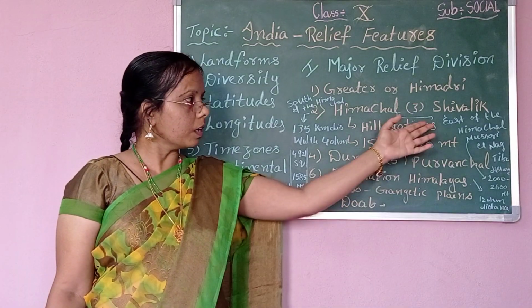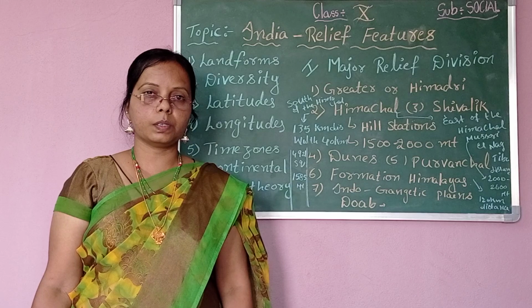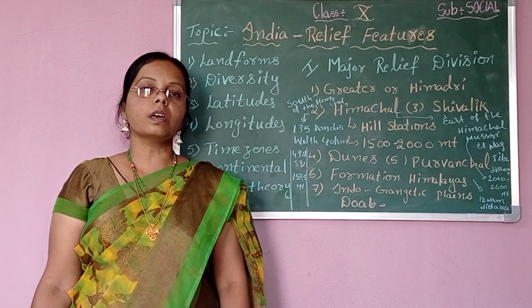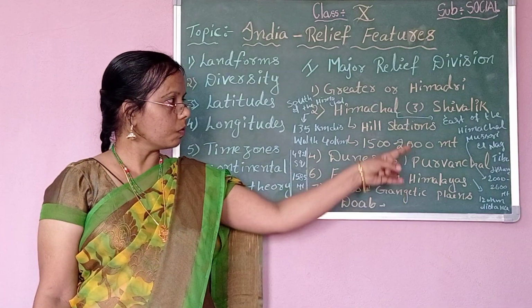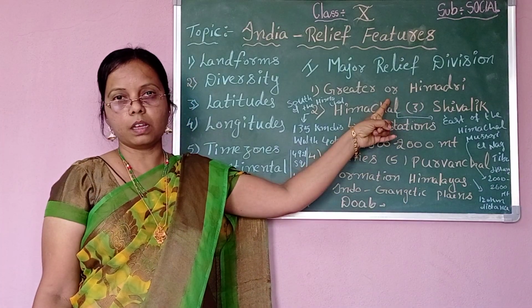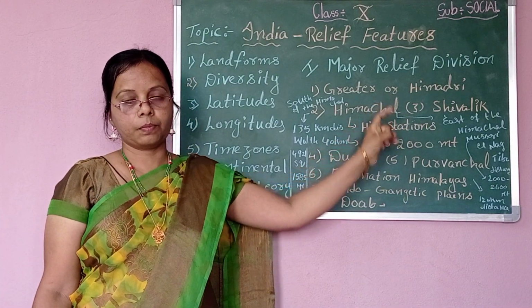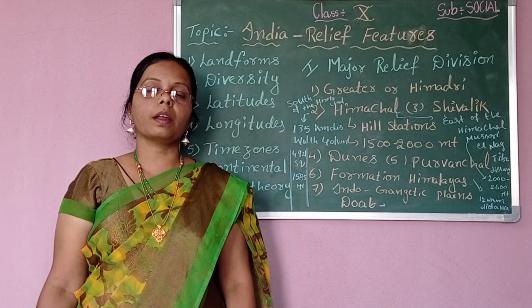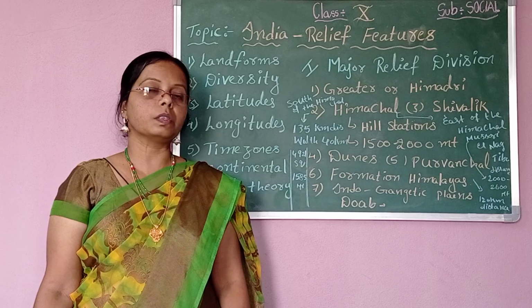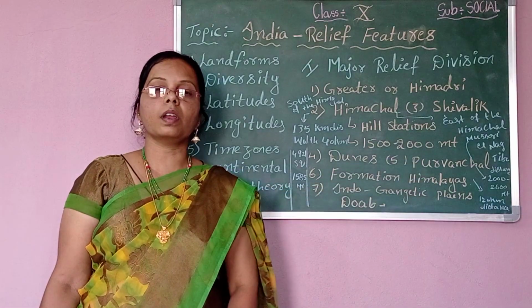In this Shivalik range, we can see dunes. Dunes are the valleys between the Shivalik and the Himachal ranges, like Patli Dun, Kotli Dun, Dehradun.